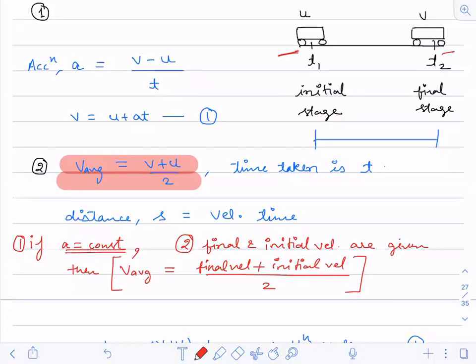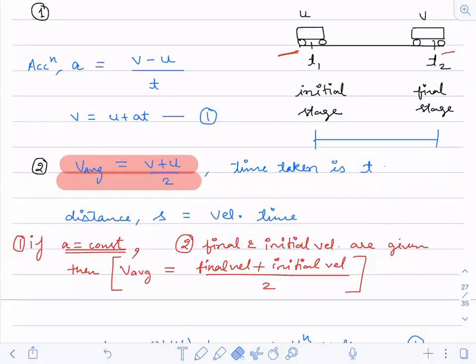It's not VANG, it is V average, V suffix AVG. This I have written as VAVG, not VANG. This is average velocity.